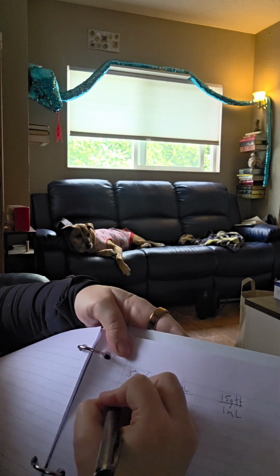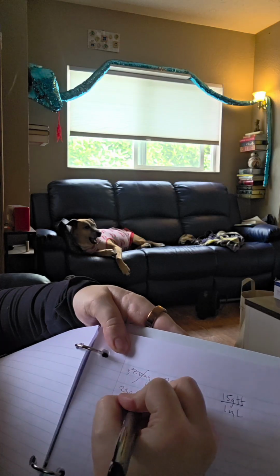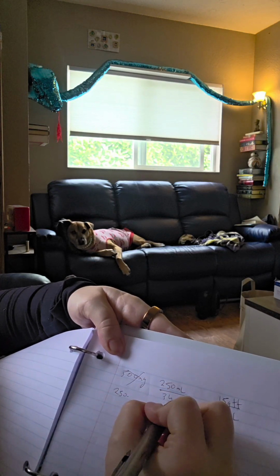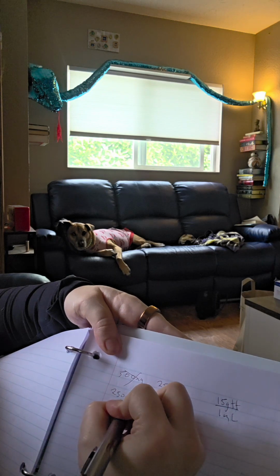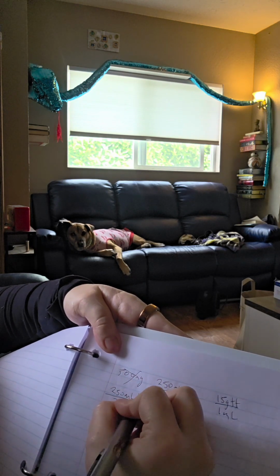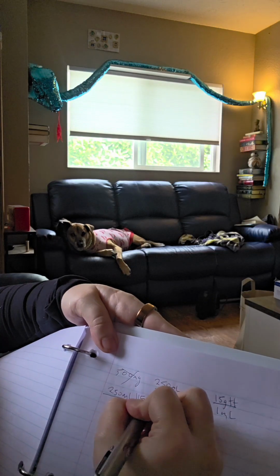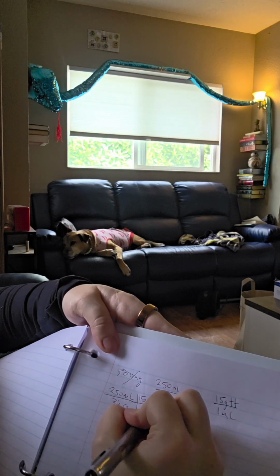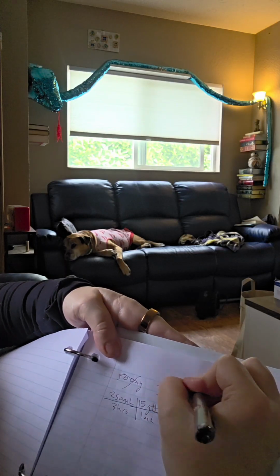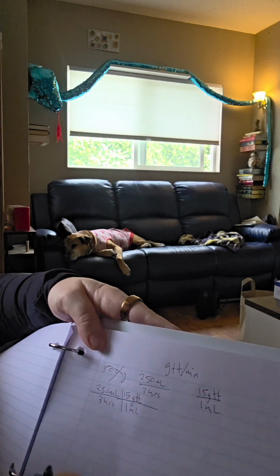So we'll do 250, because we want hours on bottom. So 250 milliliters per 3 hours times the 15 GTT per 1 milliliter. Now we also know that what we want to end up with is GTT per minute.